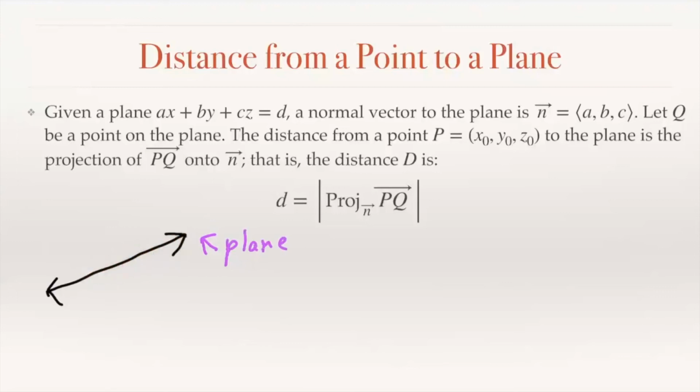And we have a point Q on the plane. And we have a point P that is not on the plane. What is the distance from P to the plane?